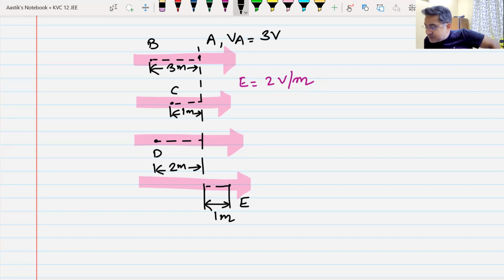You have to find the potential of point B, C, D, and E. You have 2 minutes to do this.